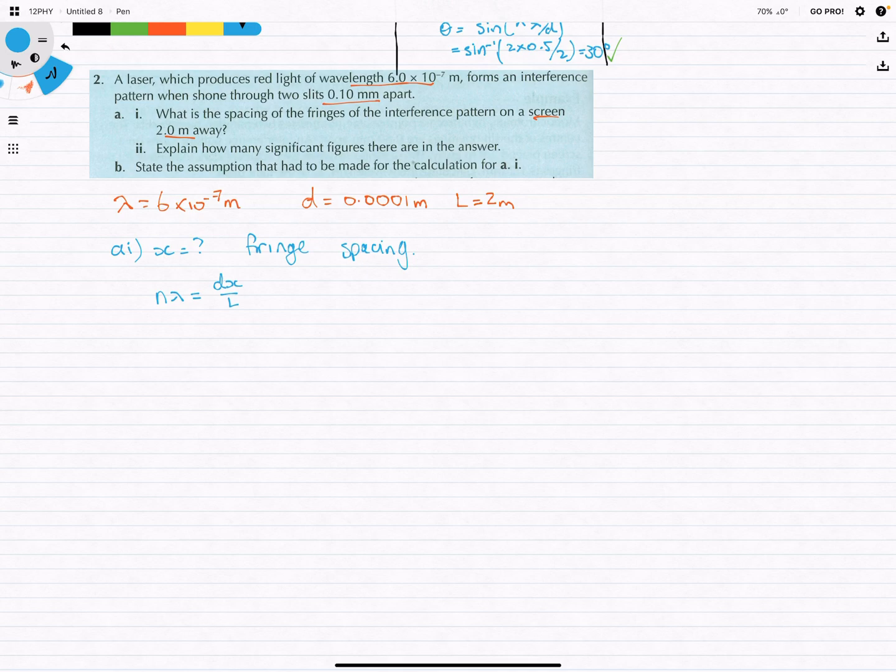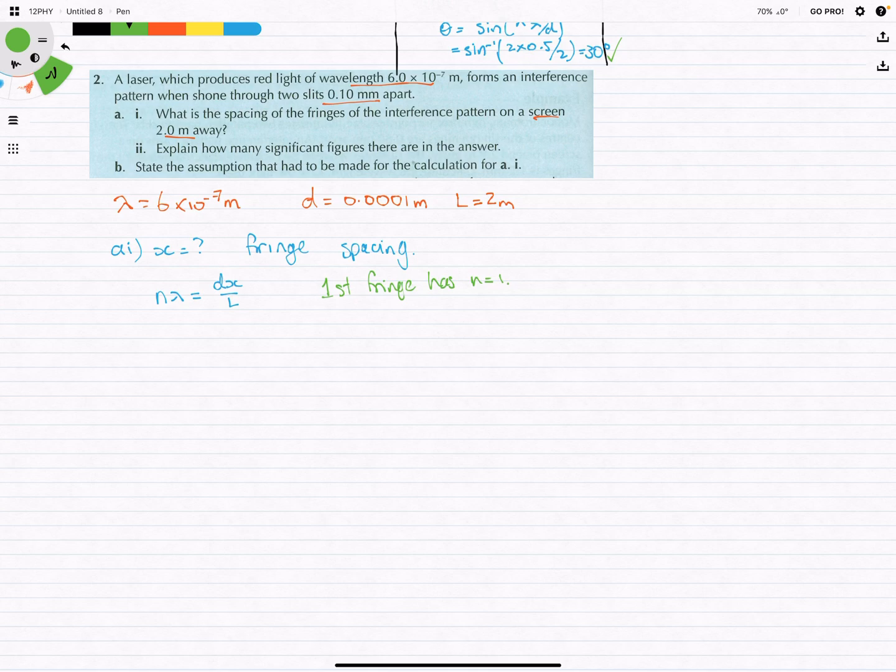Yep, that's cool. We want to find x. We can do this for any fringe we like, the first, second, third, fourth, it doesn't really matter. We'll do it for the first fringe, because that lets us say that n equals 1.